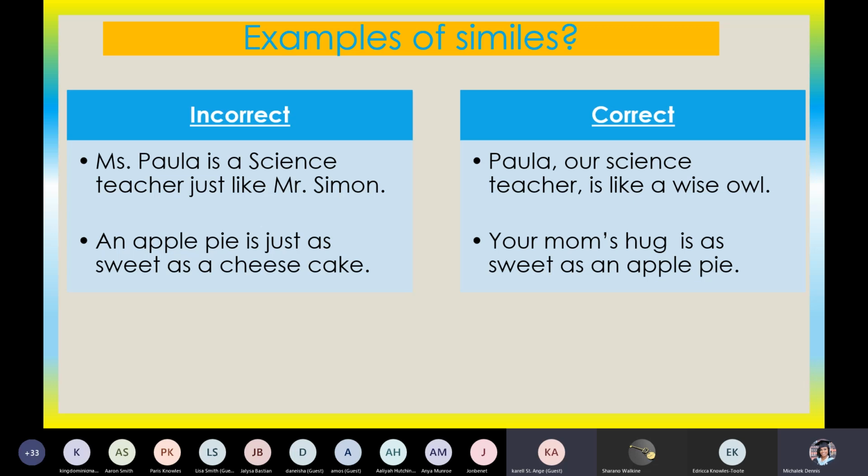And also the other one, your mom's hug is as sweet as an apple pie. What do they mean by your mom's hug is as sweet as an apple pie? You can say it in the chat. It seems like you guys like to say it in the chat more than you actually come on the microphone.